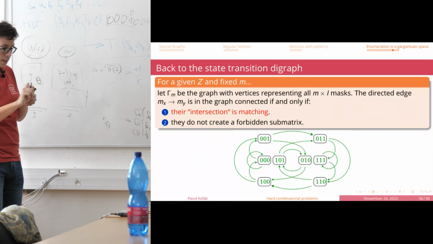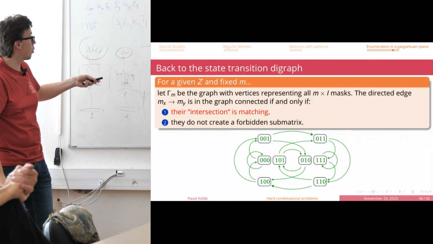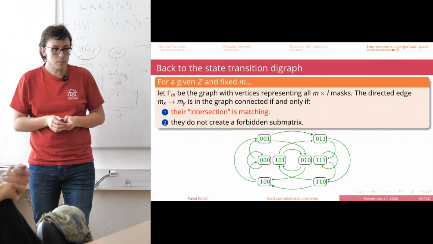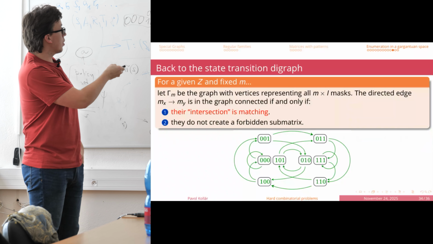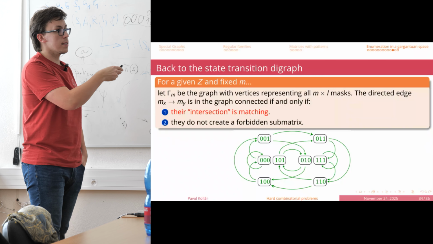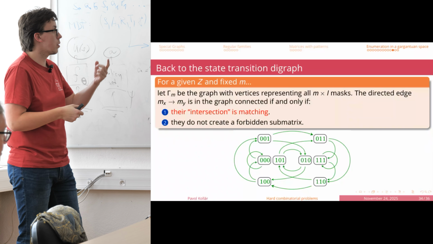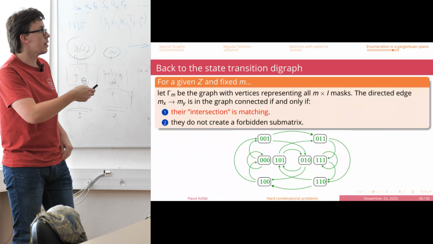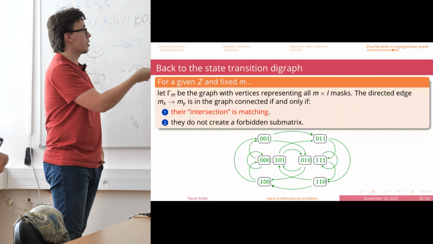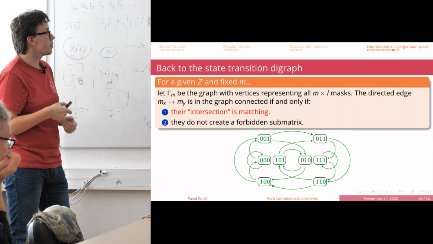The De Bruijn graph is kind of scanning this string and noticing which triplets can follow from one another. And in fact, if you don't do the forbidden submatrix business here, this is just precisely the De Bruijn graph, because all the masks, because there are finitely many of them, can be given a unique symbol, and then you are just considering the strings of these symbols that are together.